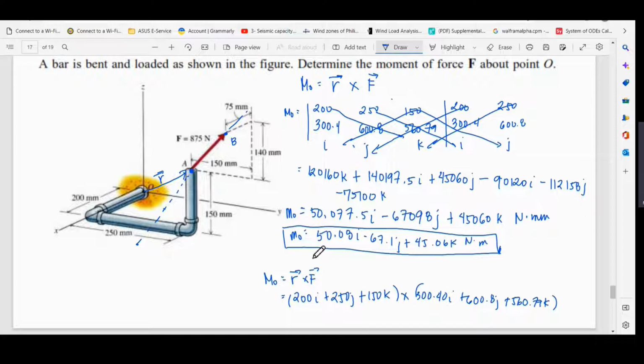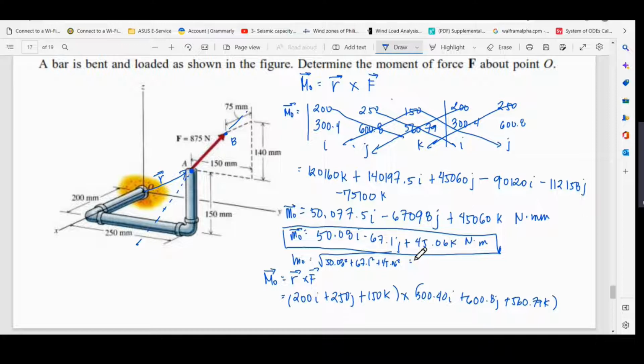Pero pag hinahanap yung magnitude, okay. This one is naka Cartesian vector. Kasi naka IJK siya, di ba? So, pag sinabi nating moment naman, kukunin lang natin yung square root of 50.08 squared plus 67.1 squared plus 45.06 squared. Okay, so, yan yung magnitude.